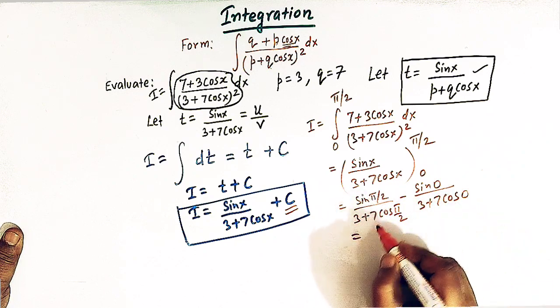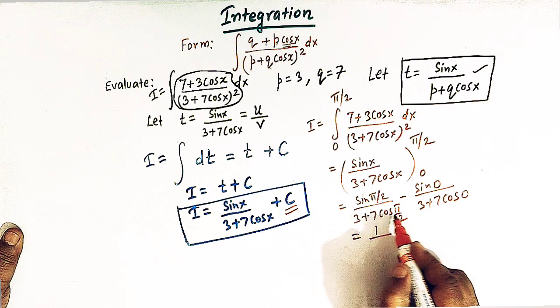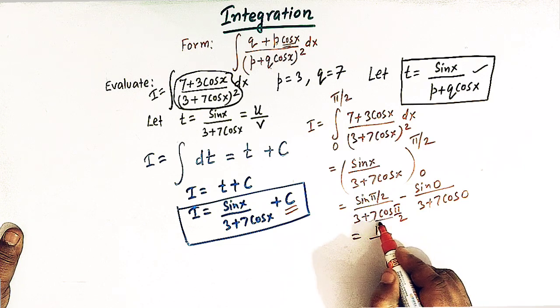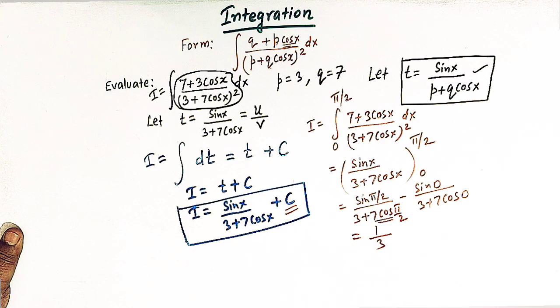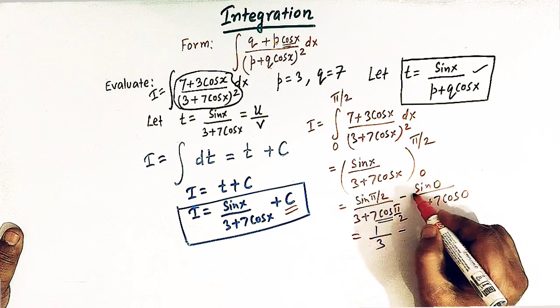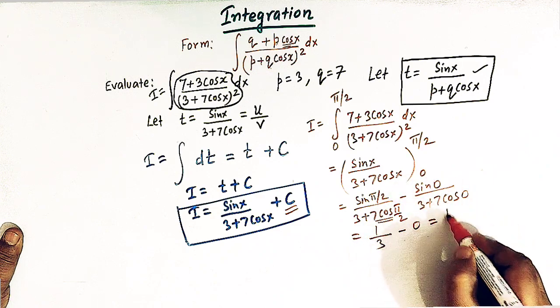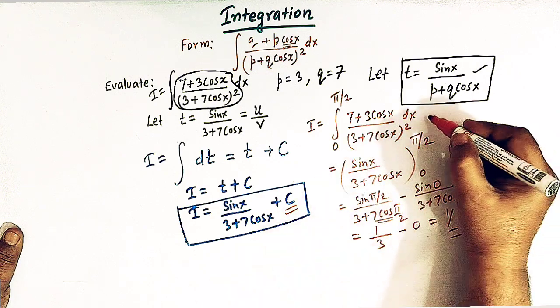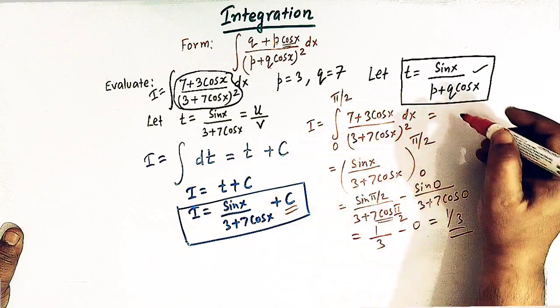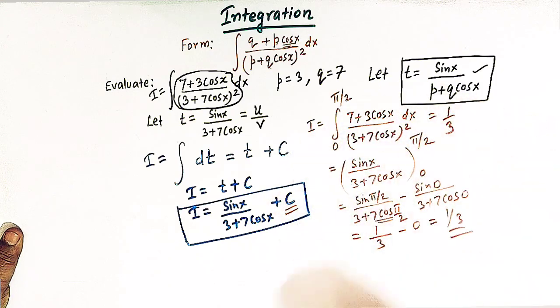So sine pi by 2 is 1 and cos pi by 2 is 0. So this term goes to 0. So here we have simply 1 over 3, and here sine 0 is 0. So this entire term disappears. So we have simply 1 over 3, right? So the value of this integral is given by 1 over 3.